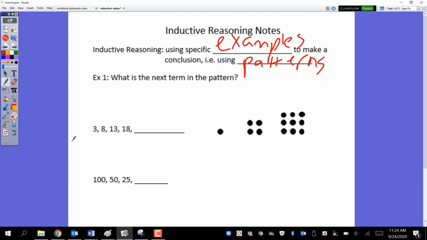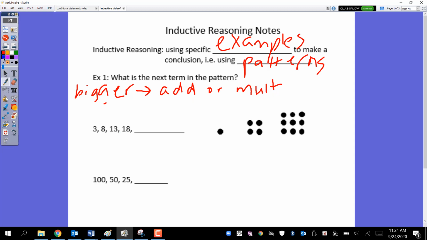In the number patterns, if the numbers in your pattern are getting bigger, that means the pattern is either adding by the same number every time, or multiplying by the same number every time, okay? So if the numbers are getting bigger, you have to figure out, is it adding or multiplying?